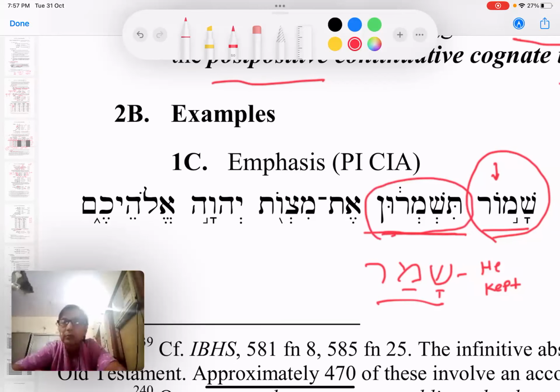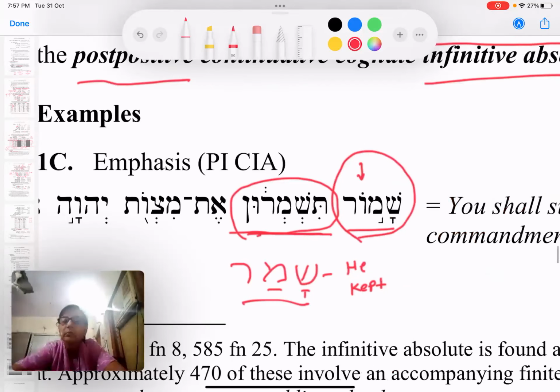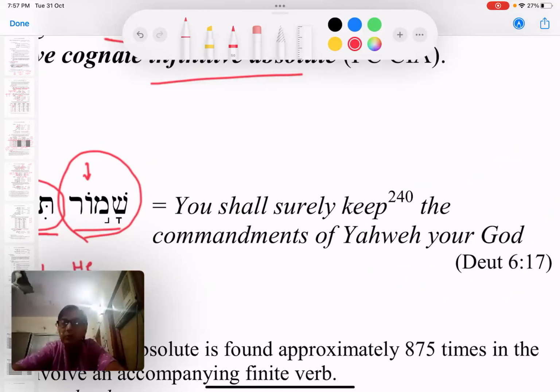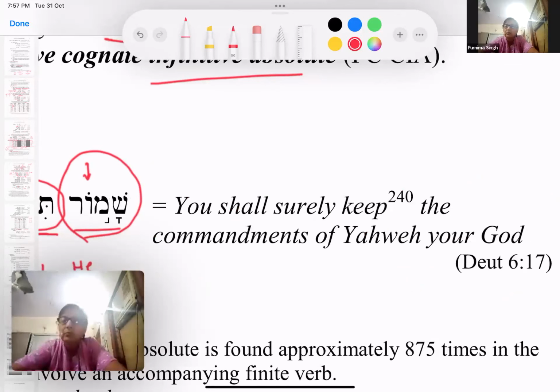Tishmerun is the finite verb, and Shamor tishmerun strengthens the finite verb, and the translation is surely keep. See the translation: you shall surely keep the commandments of Yahweh your God. Are you getting it?